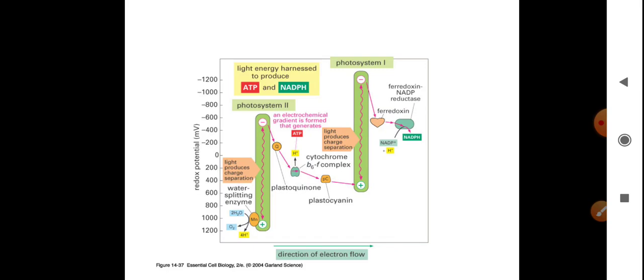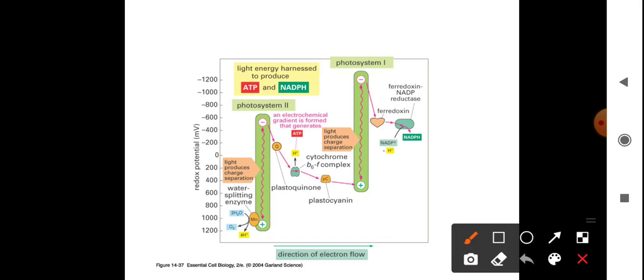In this diagram, as we see, there is photosystem 2 and photosystem 1, and in between these two photosystems there is a series of electron carriers. These help in the downhill journey of electrons from photosystem 2 to photosystem 1, and it represents the Z scheme, that is non-cyclic photophosphorylation.